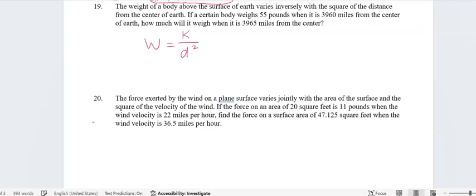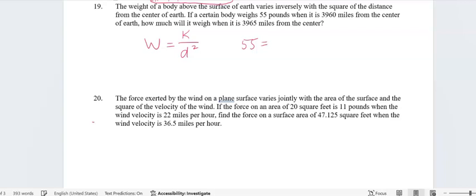And now they're going to give us some information to help us identify the exact number to use for k, so we can finish up by answering the question. So a body weighs 55 pounds, so W is 55.